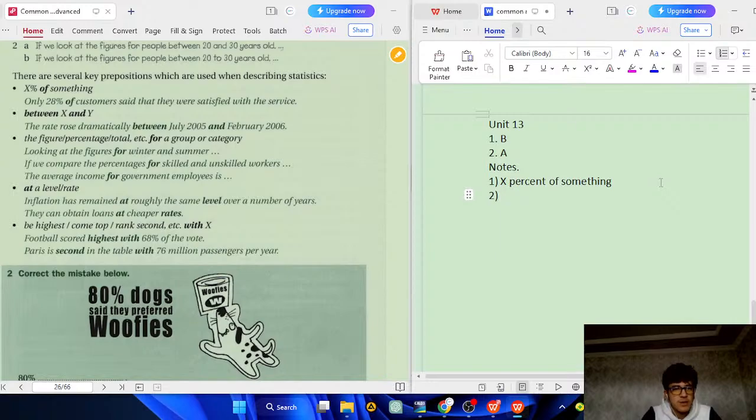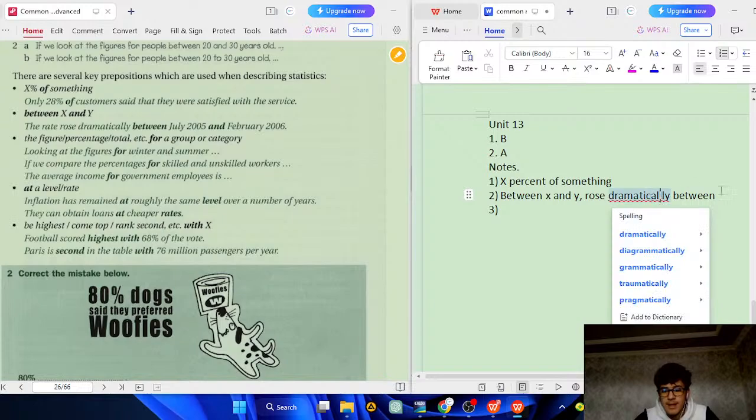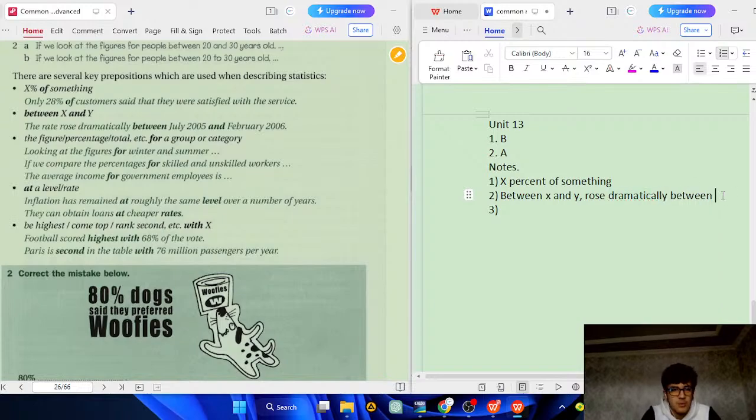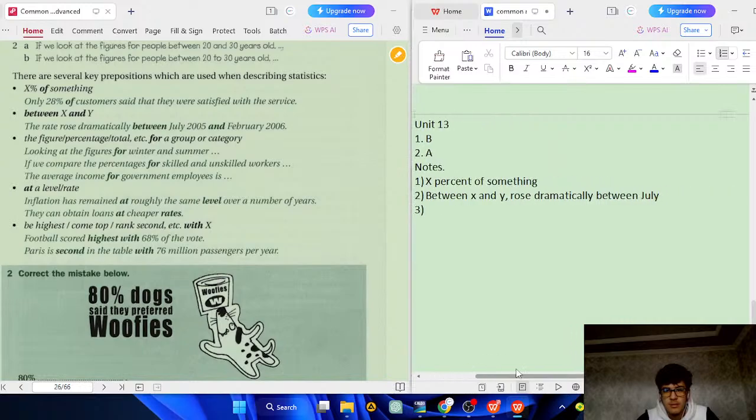And the second one is between X and Y. So, rose dramatically between July and February.